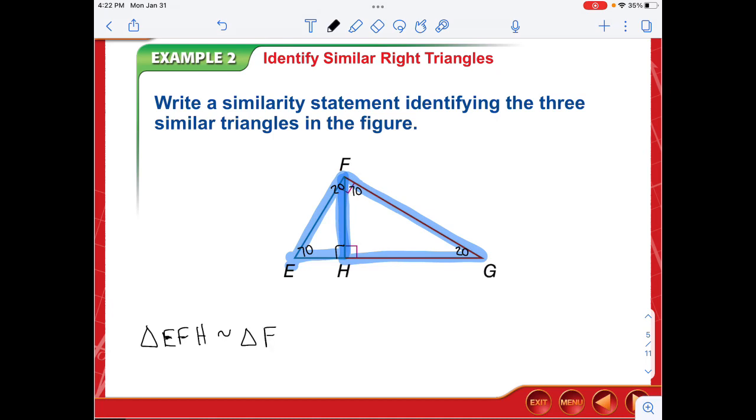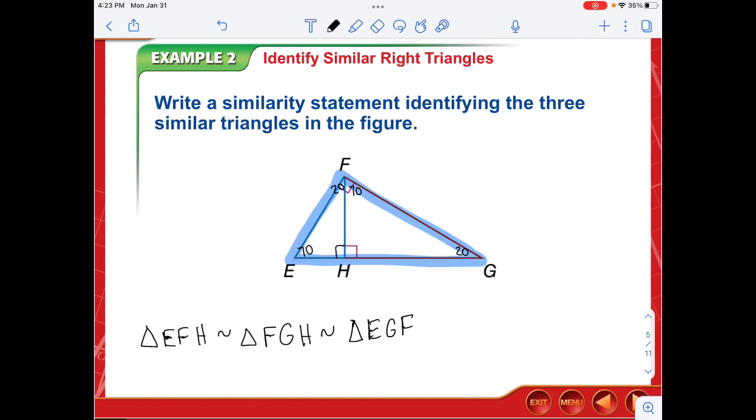So this will be triangle FGH. And then for my gigantic triangle, I'm going to have to do 70, 20, 90 again. So, don't forget the triangle, E, G, F. Okay, so just make sure you put them in order of congruent angles so that you make sure the triangles are actually marked similar.